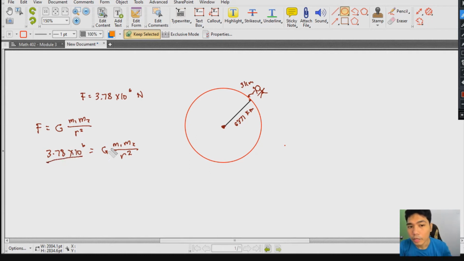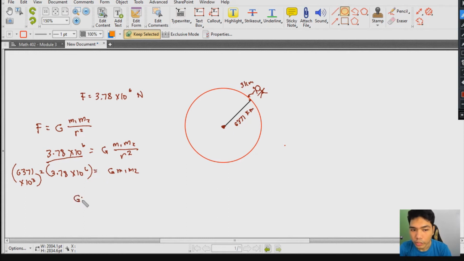To determine it from the initial point, 3.78 times 10 to the 6 is equal to G M1 M2 over R squared, and since it is in the initial position, we have 6371 times 10 cubed, squared, being our initial distance or location. Because we start at the surface, it is simply the radius of the Earth squared.